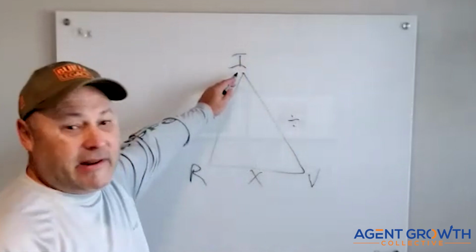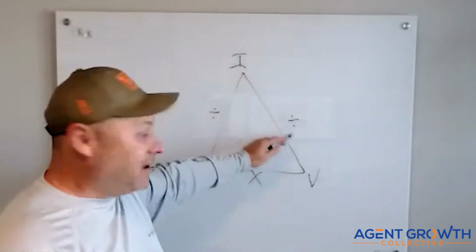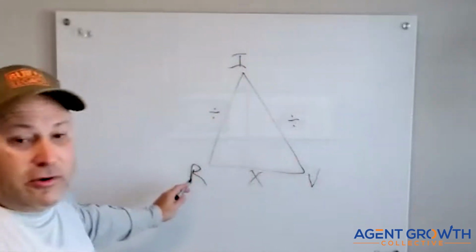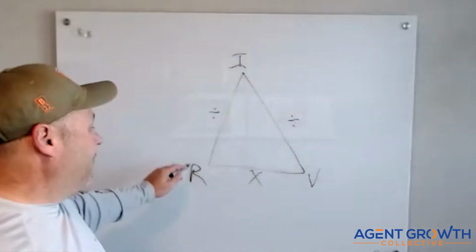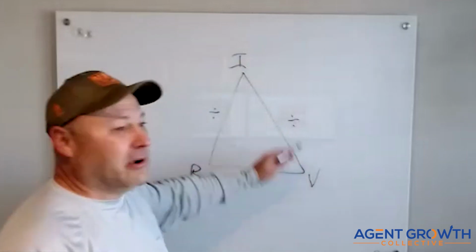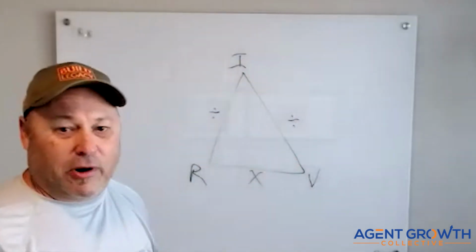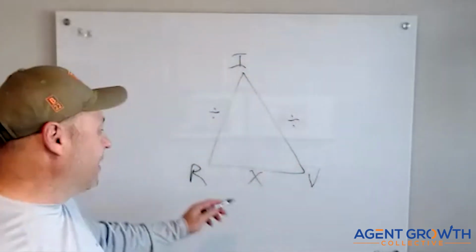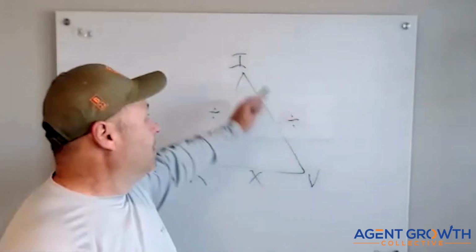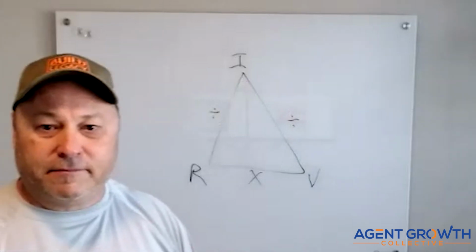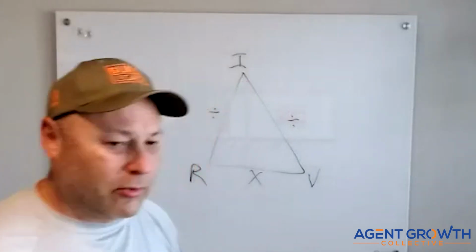The income, net operating income, divided by the value will give you your capitalization rate. If you have your capitalization rate and your value, but you have no idea how much NOI the property is generating, that's okay. You can calculate it. Capitalization rate times your value gives you your NOI. So that's the basic formula we're going to work off of.